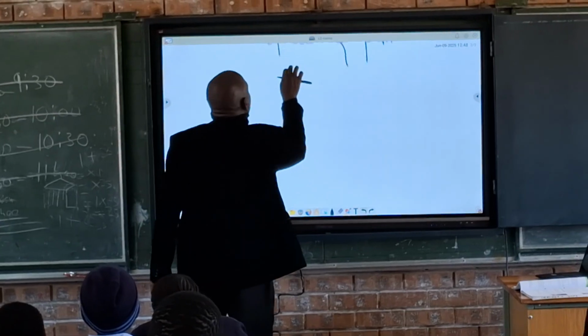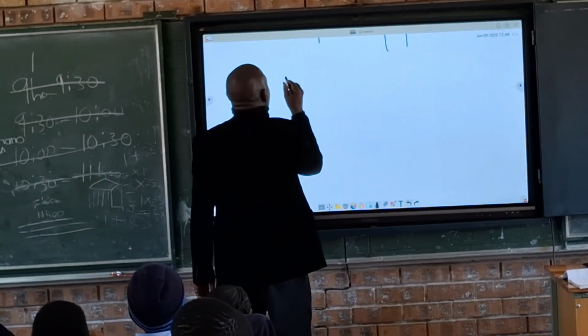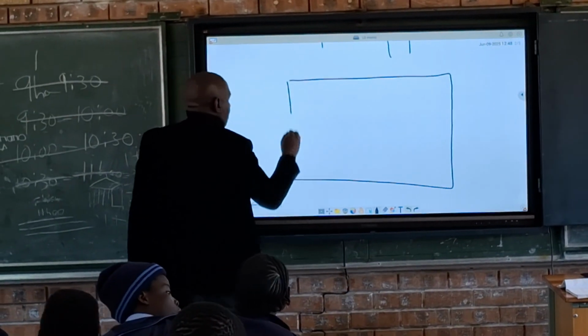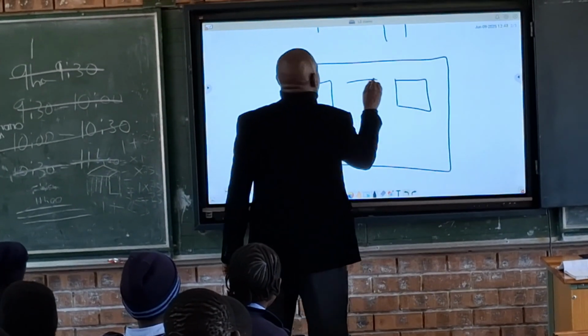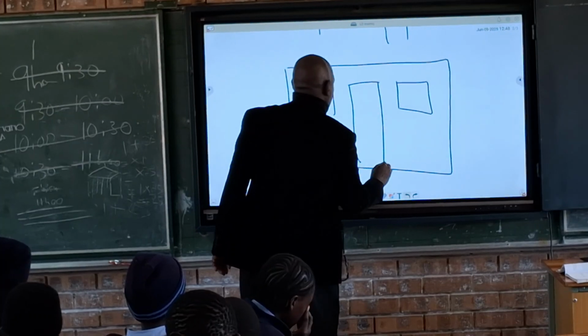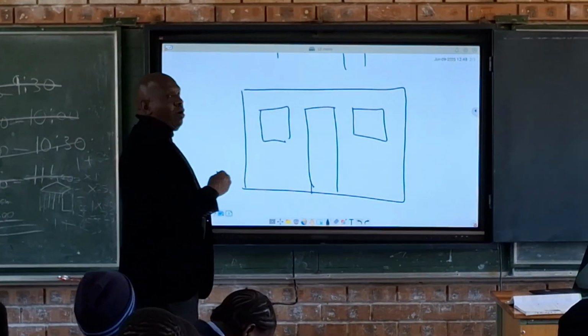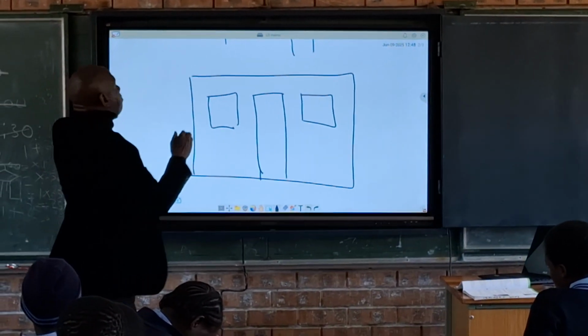Look here at my drawings. Here is a house. Here are windows and a door frame, but there is no roof. The moment we want to create a roof, we will start to buy a beam.